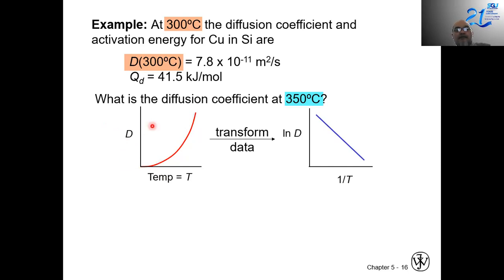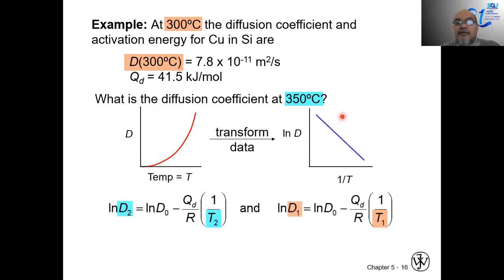This is the data where D increases with increasing temperature in the exponential term, where we can transform into natural logarithm, ln D versus 1 over T, which will become a decreasing linear line.